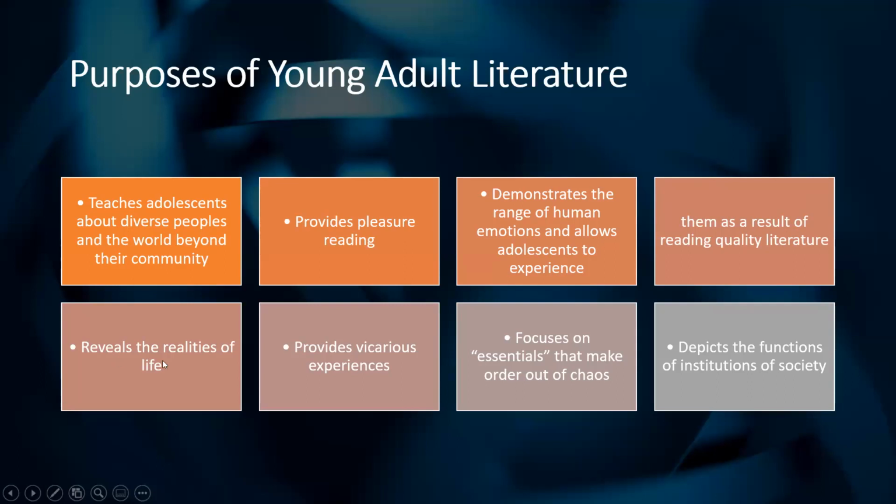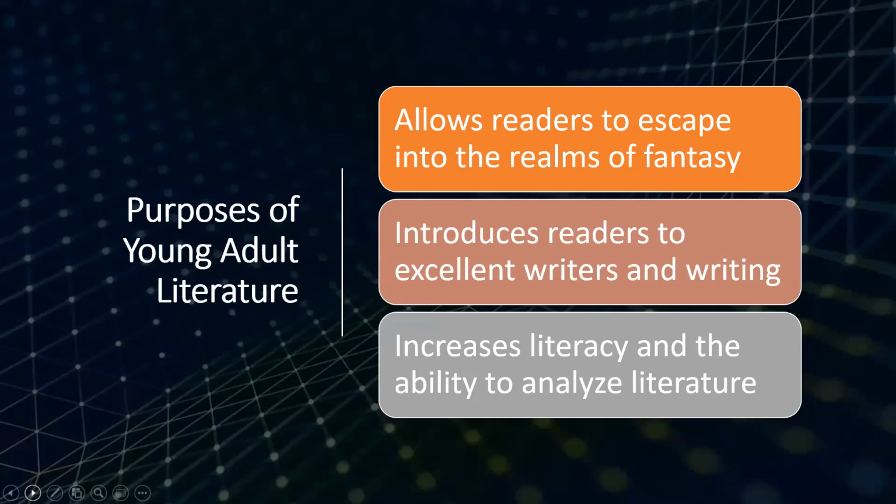It reveals the realities of life, provides vicarious experiences, focuses on essentials that make order out of chaos, and depicts the functions of institutions of society. Another purpose of young adult literature is that it allows readers to escape into the realms of fantasy.